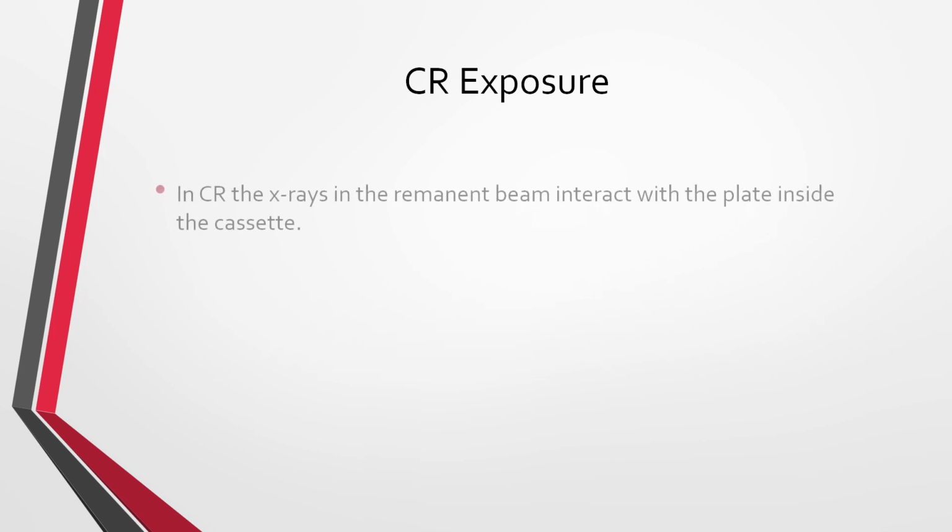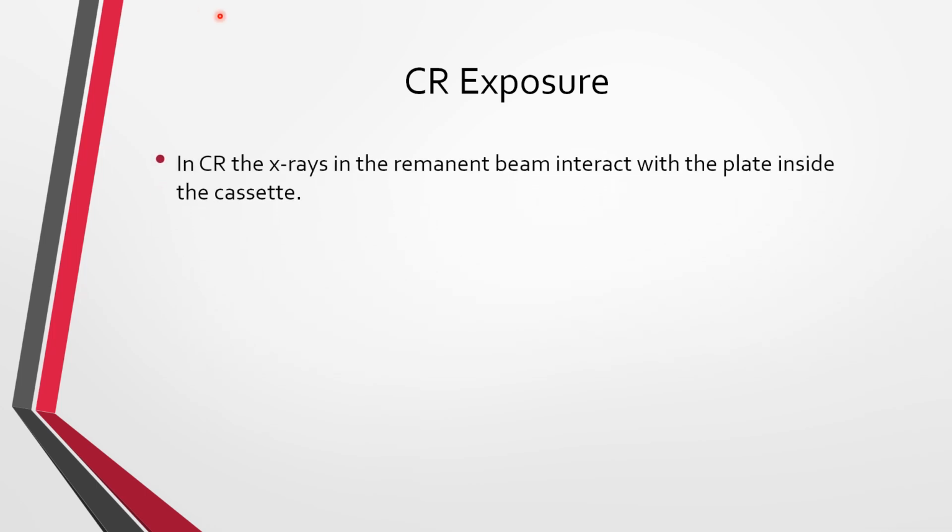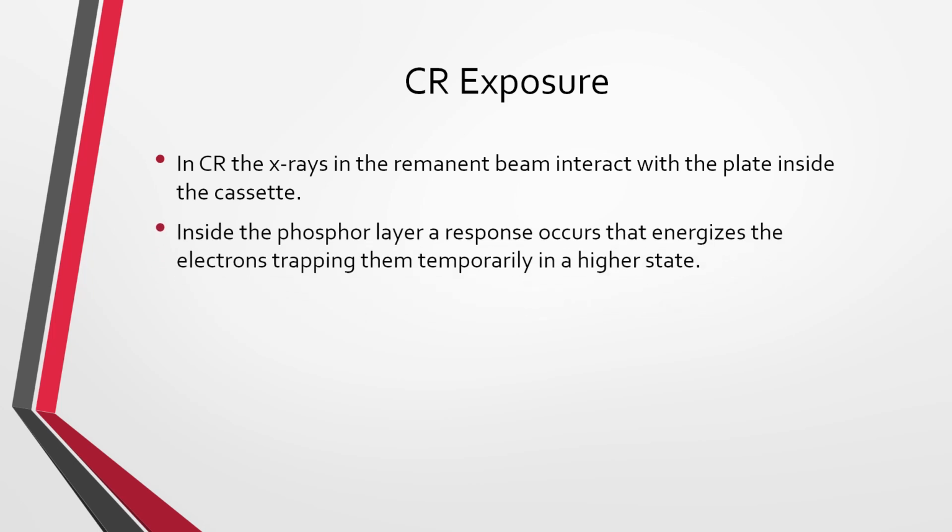The CR exposure. In CR, the x-rays in the remnant beam interact with the plate inside the cassette. Inside the phosphor layer, a response occurs that energizes the electrons. Once the incoming x-rays come into the phosphor layer, a response occurs in the electrons, trapping them in a temporarily higher state.